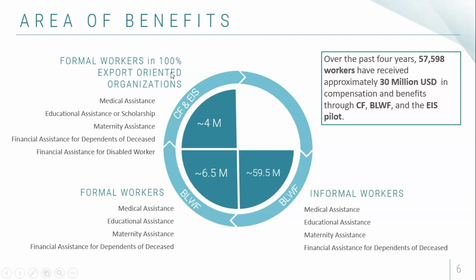These are basically for the 100% export-oriented organizations. And for other workers, those who are not in the formal sector, medical assistance, educational assistance, maternity assistance, that sort of services are enabled.